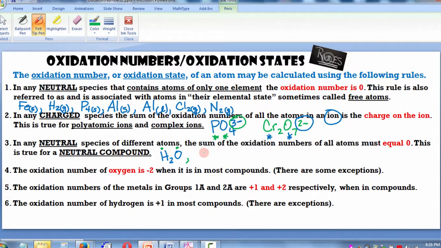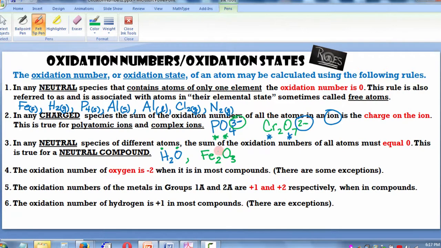Now, if we had iron 3 oxide, Fe2O3, this is an ionic compound, but it is neutral. So the sum of the oxidation numbers for each atom must sum up to be 0.